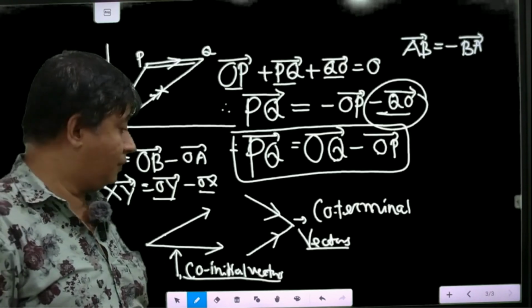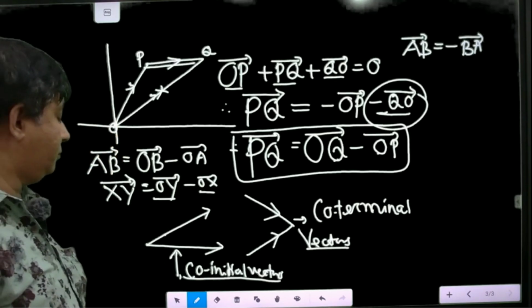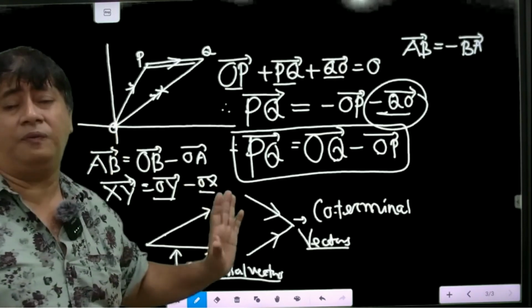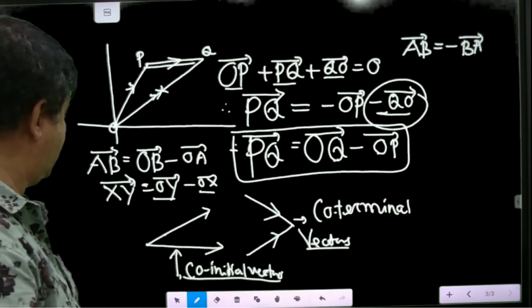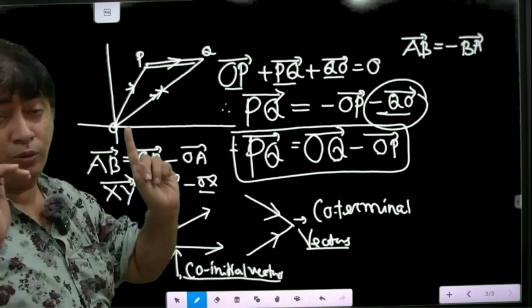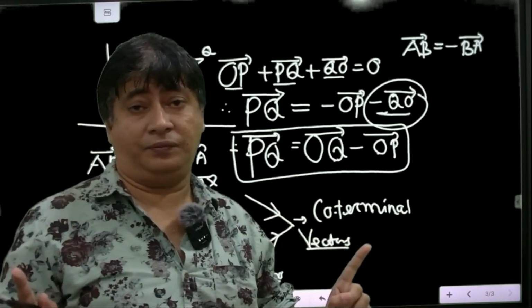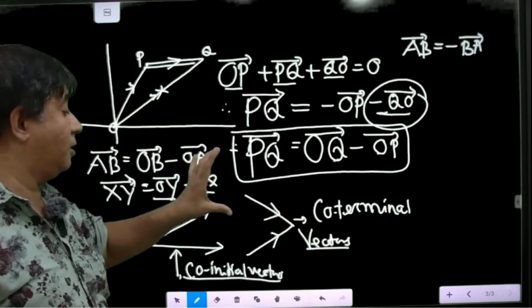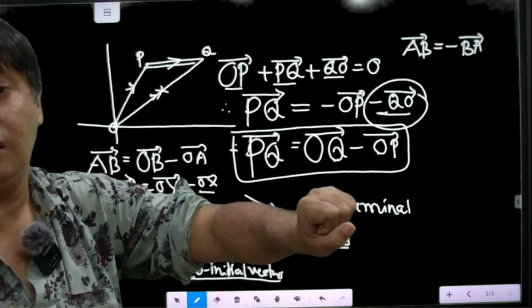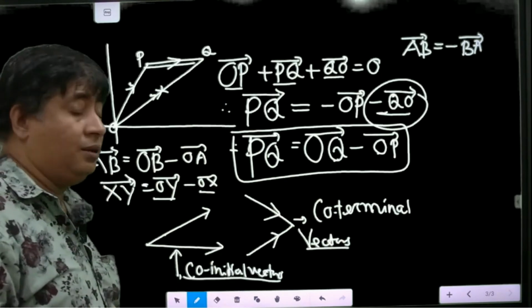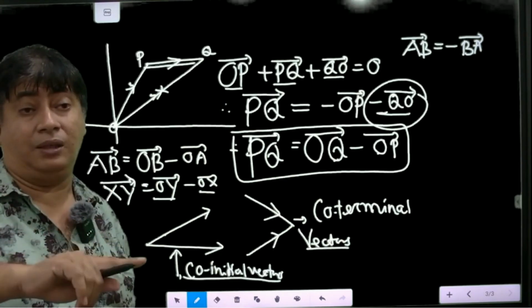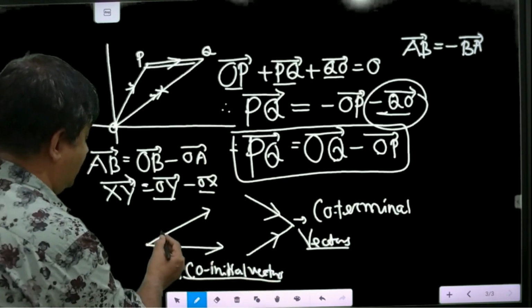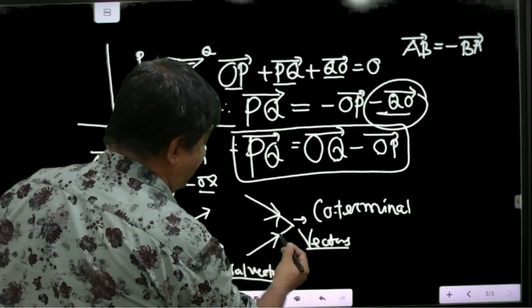Okay. Now, how to find the angle between two vectors? See, if two vectors are co-initial like this or co-terminal like this, then we can find the angle between them, the angle included by them, this angle or this angle.